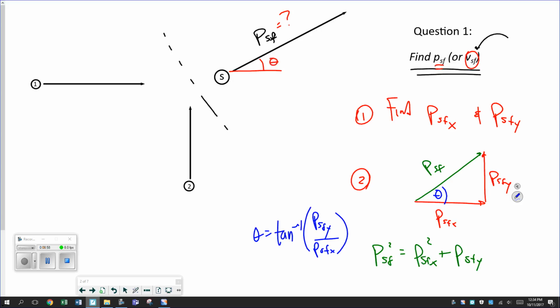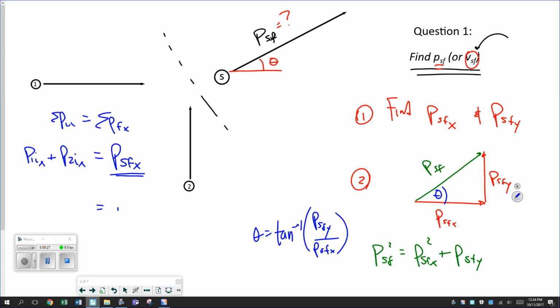So if the question asks you to find the whole vector, we might write: net P initial X is net P final X, so P1 initial X plus P2 initial X is P sys final X. Here we just want to know what that x part is.